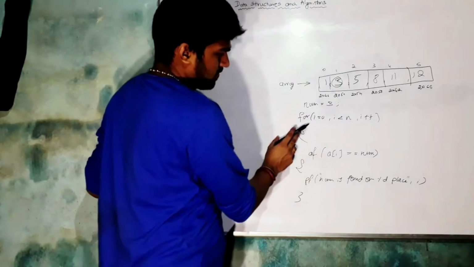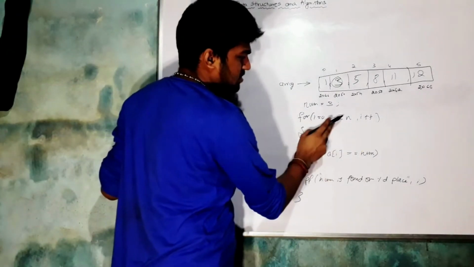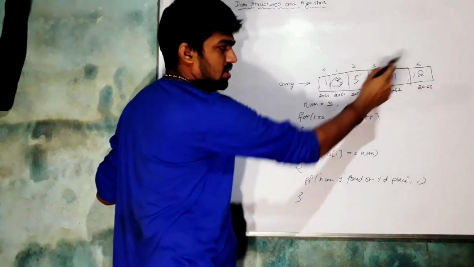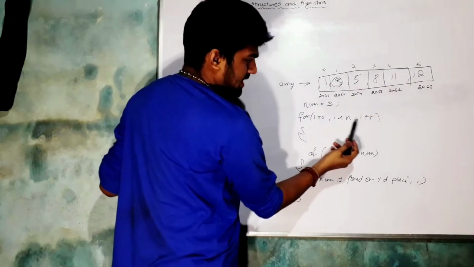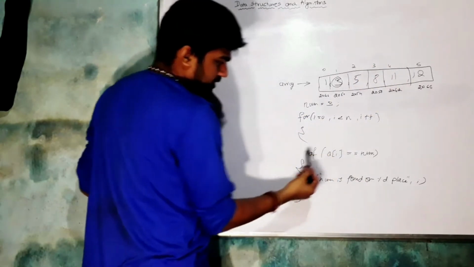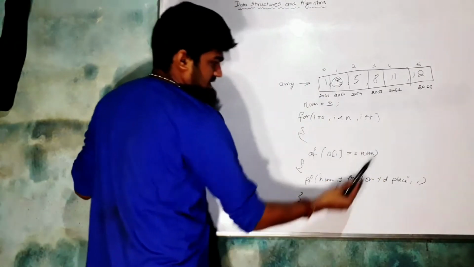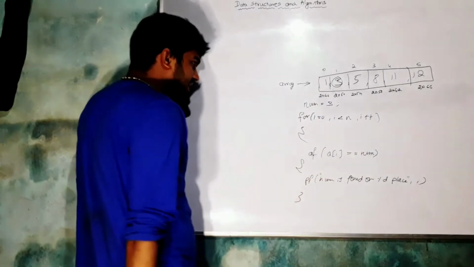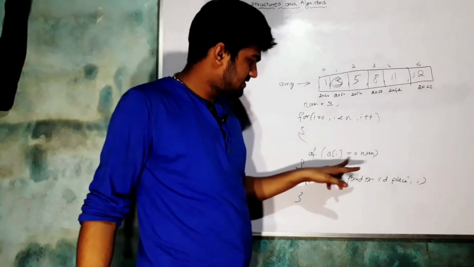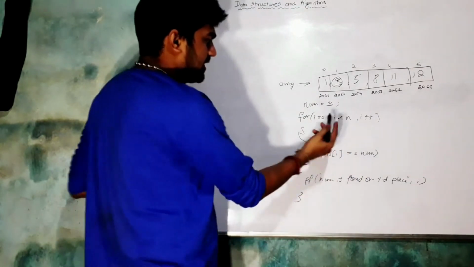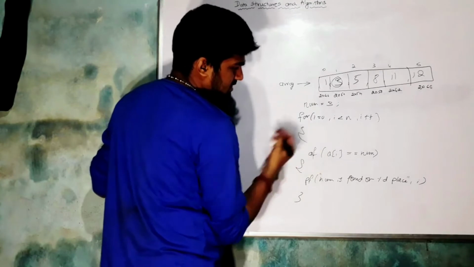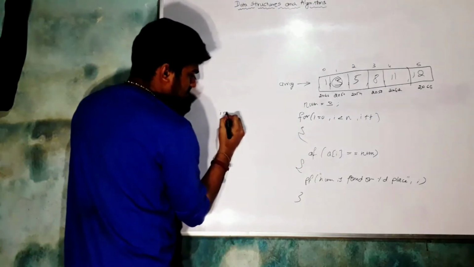We write a program with a for loop: for i equal to 0, i less than n, where n is the size of this array, i plus plus. If a of i is equal to number, which is nothing but this 3, then in the first iteration i will be 0.